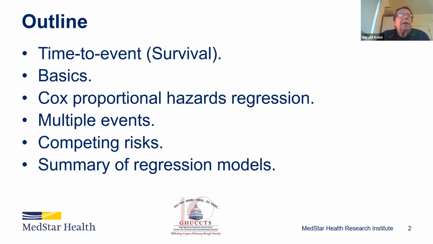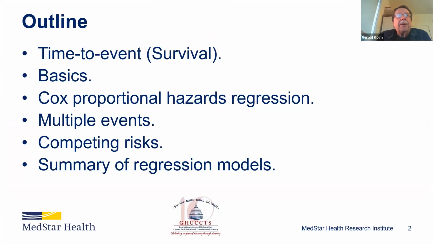And so I outline here in terms of what we'll cover is just basically talking about time-to-event and the basic concepts. Then we'll talk about probably the most used method for analyzing time-to-event data, the Cox proportional hazard regression.